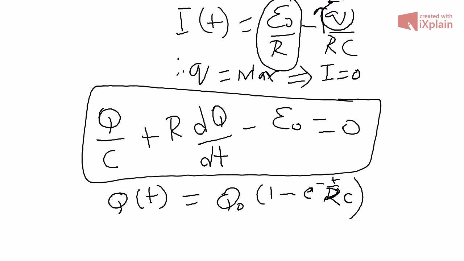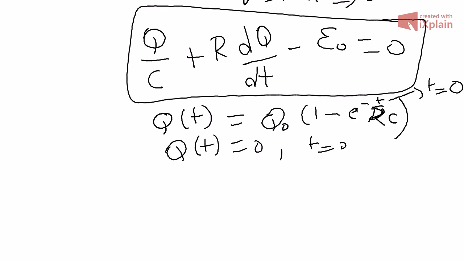Initially when time t is 0, if you put t = 0 here, you will get q of t is 0. So initially the charge on the plates is 0, but at later times, as time increases, the charge builds up exponentially.